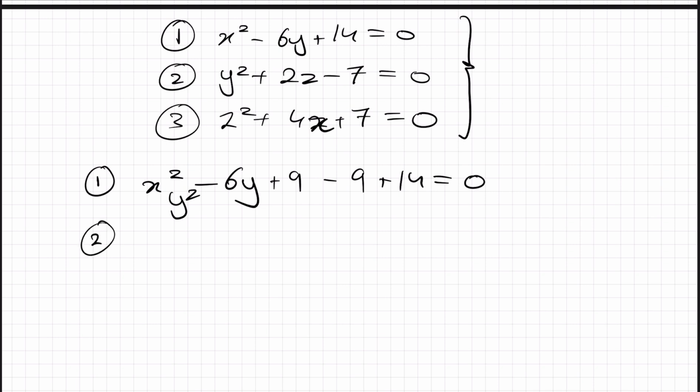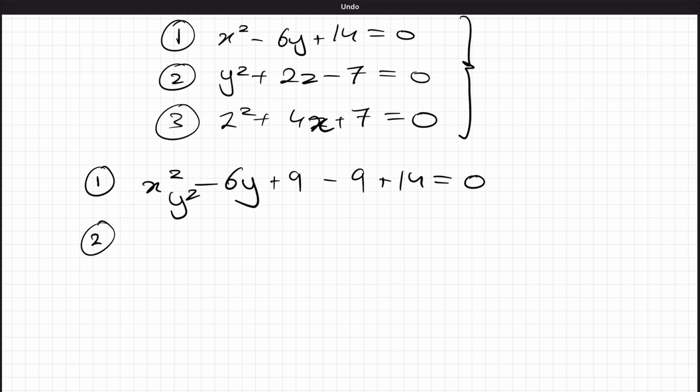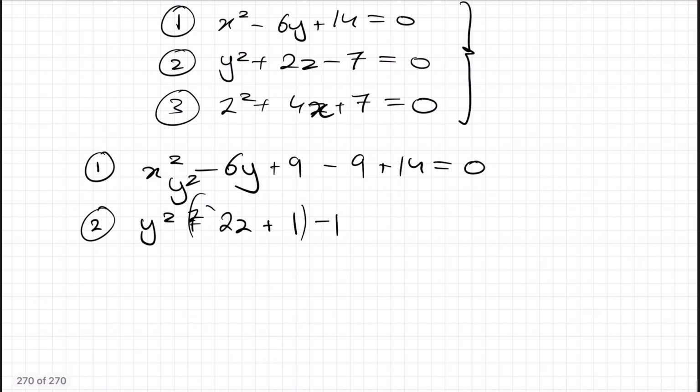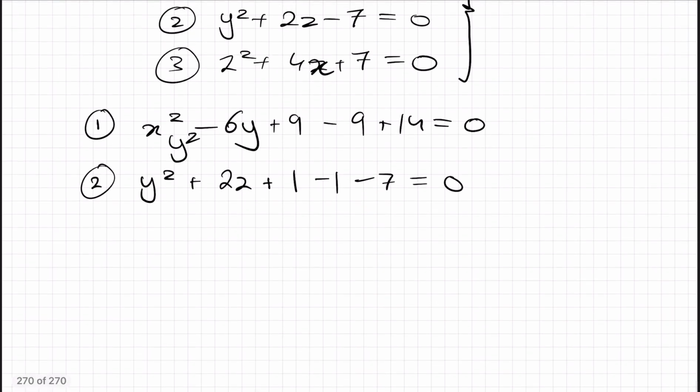Now the second equation, we have a 2z, so again, I'm going to try to convert that into a partial perfect square. So we'll write that as 2z plus 1 minus 1, so now if we add a z squared into here, this becomes a perfect square. And we'll leave the minus 7 like so. And finally, let's rewrite the third equation to be in the same kind of form.